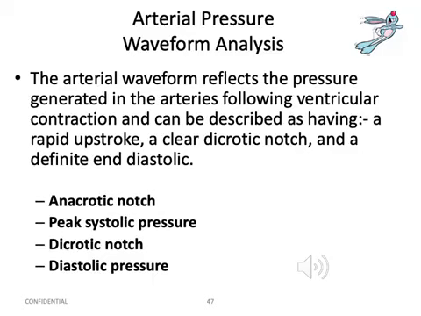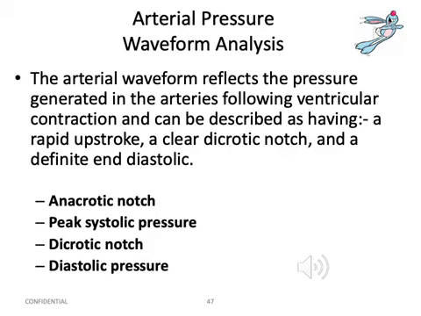That's why it is described as having an anacrotic notch at the beginning, then a rapid upstroke, which is the peak systolic pressure, a clear dicrotic notch, and the diastolic pressure, and we will talk about all of these in the next slide.